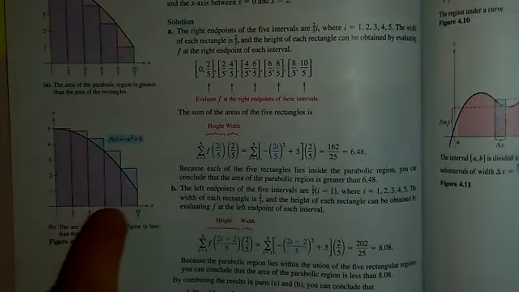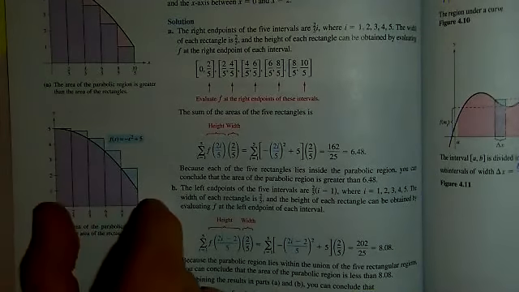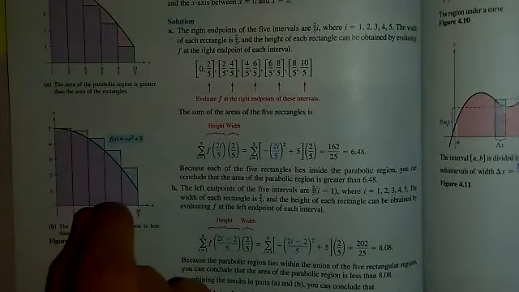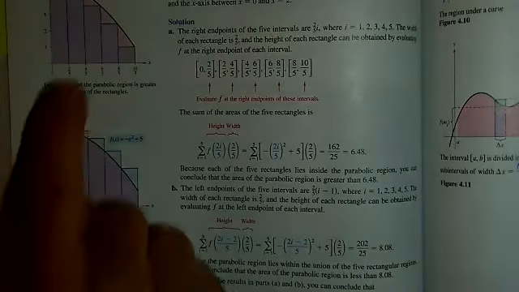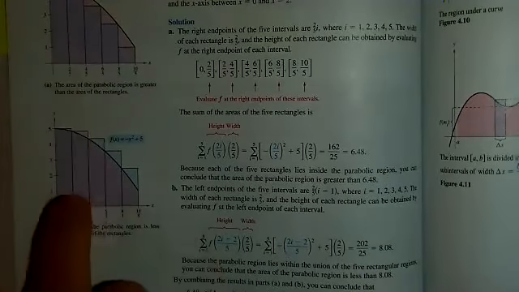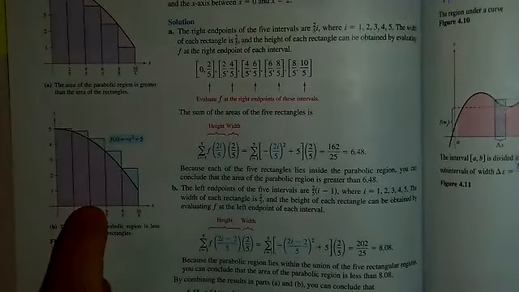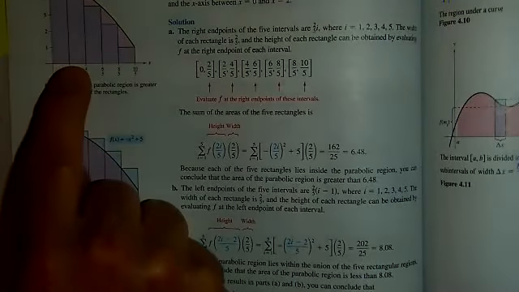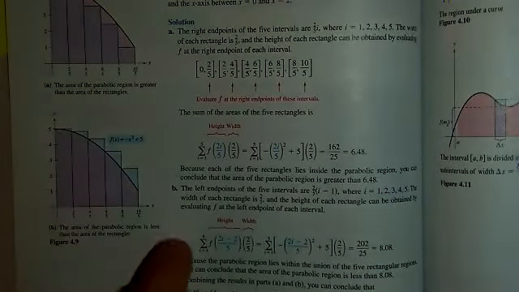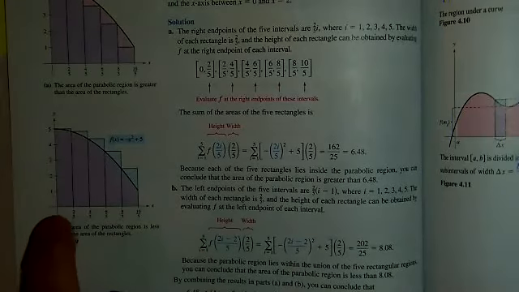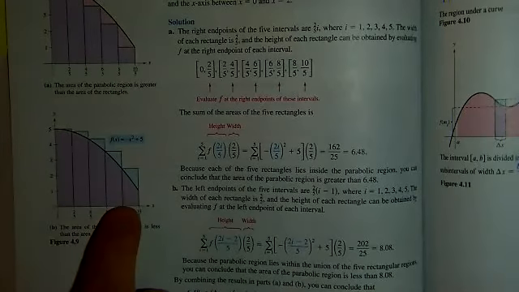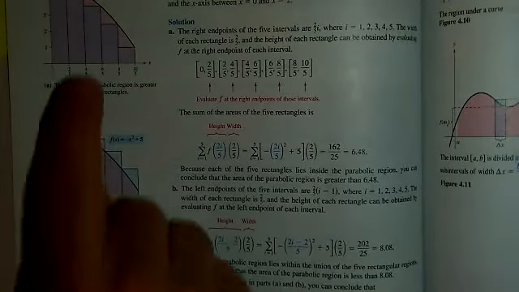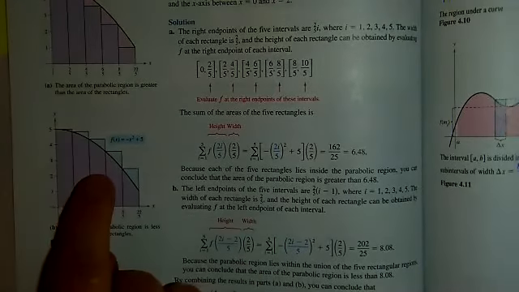As I increase the number of rectangles, of course, the width of each rectangle gets smaller, okay? And the difference between this sum, where I'm underestimating, and this sum, where I'm overestimating, gets smaller and smaller and smaller, and eventually we'll be able to say the actual limit as n goes to infinity, n is the number of rectangles I'm using. As n goes to infinity, these two things will converge on the same value.